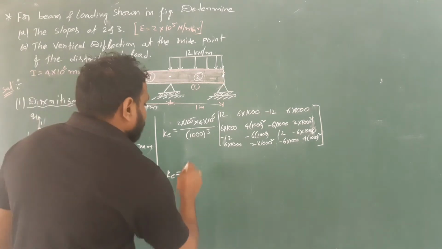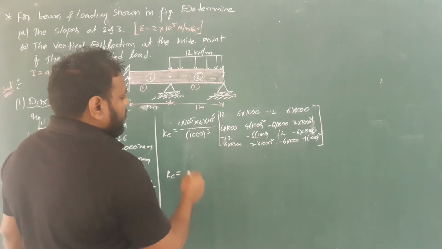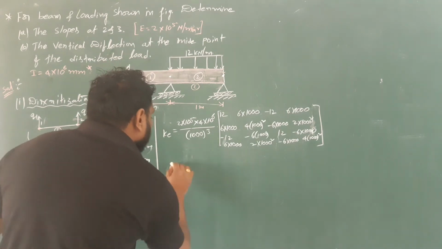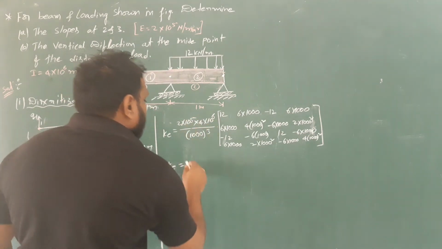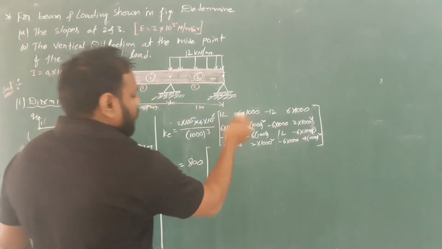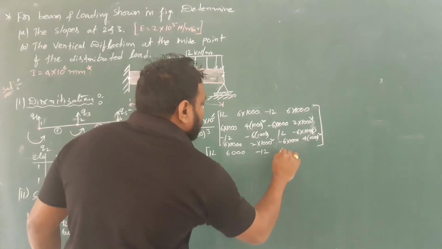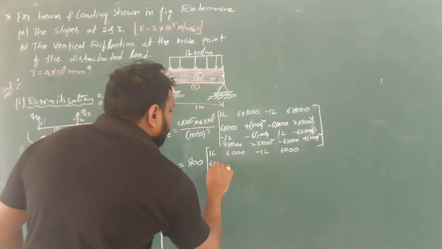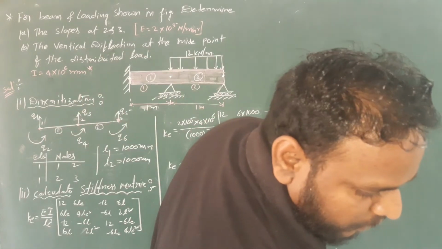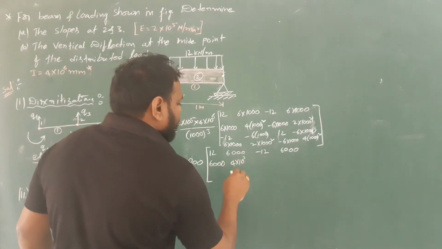Now after calculating this entire equation, the total value is 800. After calculating these numbers, it will get 800. Now here it is 12, 6000, minus 12, and 6000. Here 6000, 6 into 1000, 6000. The value is mentioned as 1000 cubed, that is 10 to the power of 3.